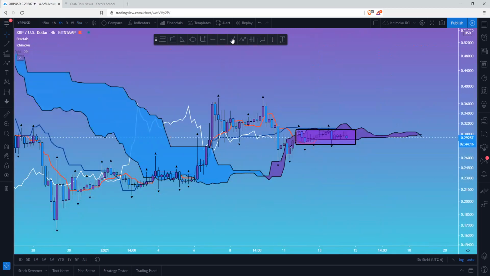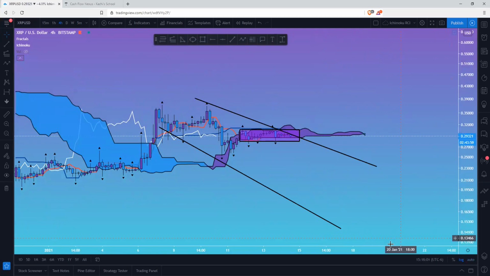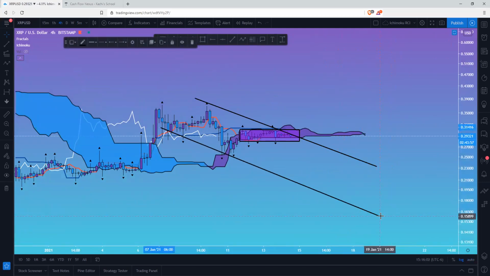Another thing that we could observe. Let's do this. Market is moving lower here. Let's clone this one. Yeah, this could be our move here. Could be. Not saying that it is.